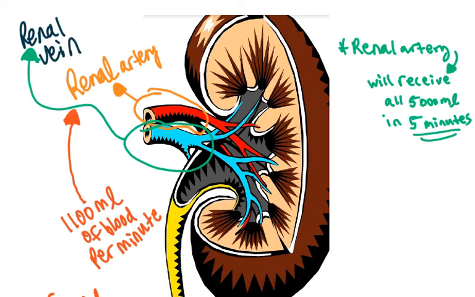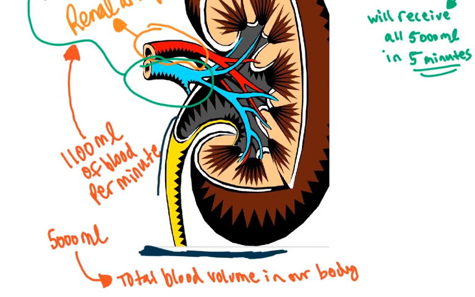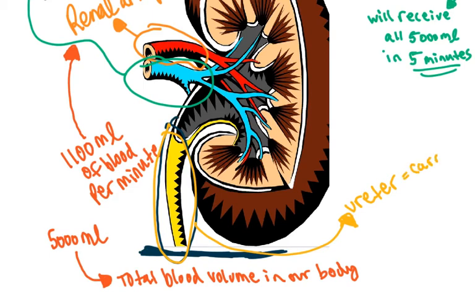And right here, this huge yellow structure in the picture, let me highlight that in a better way, is going to be our ureter. And our ureter will bring the urine down and drop it off into our bladder.